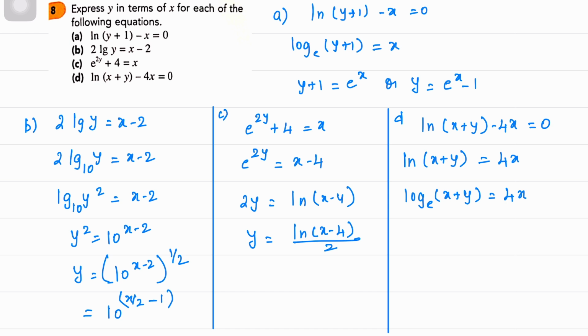So this is x plus y equals e raised to 4x after we write this logarithmic function in index form. So we want y, so y equals e raised to 4x minus x. So this is the answer.